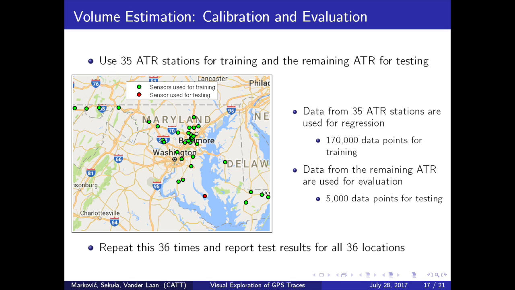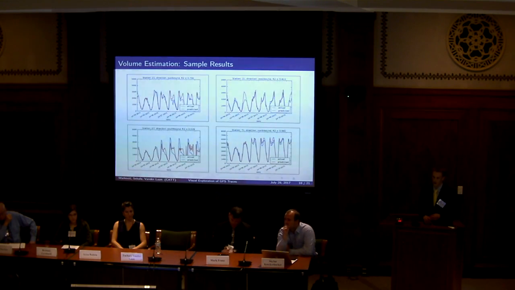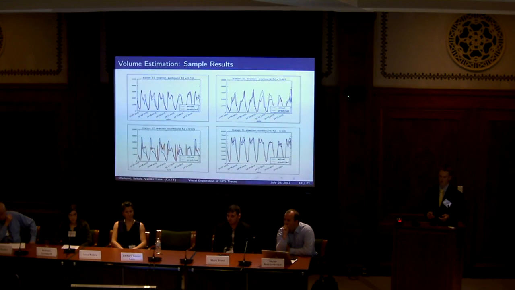So to do this, we're basically doing some type of repeated cross-validation procedure where we train the model on all but one of the test stations and then try to predict the volumes at that one remaining station and then repeat that a number of times. So by doing this, we can predict the traffic volumes at all of these stations.